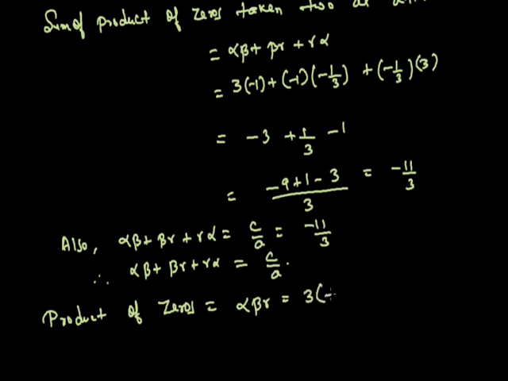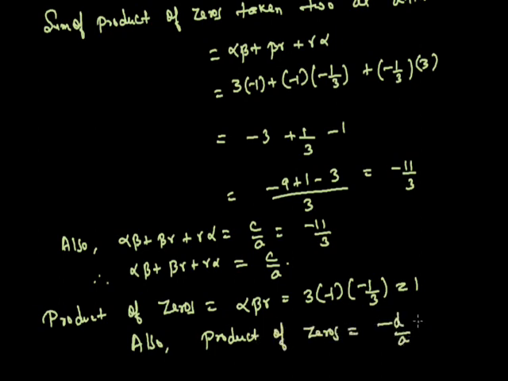Alpha is 3, beta is -1 and gamma is -1/3. So this is equal to 1. Also product of zeros is equal to -d/a. So d is here -(-3)/3, which is also equal to 1.